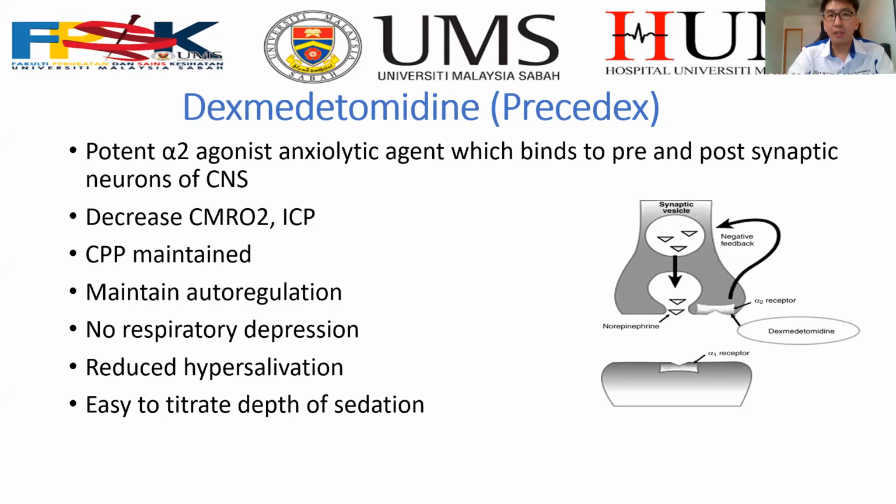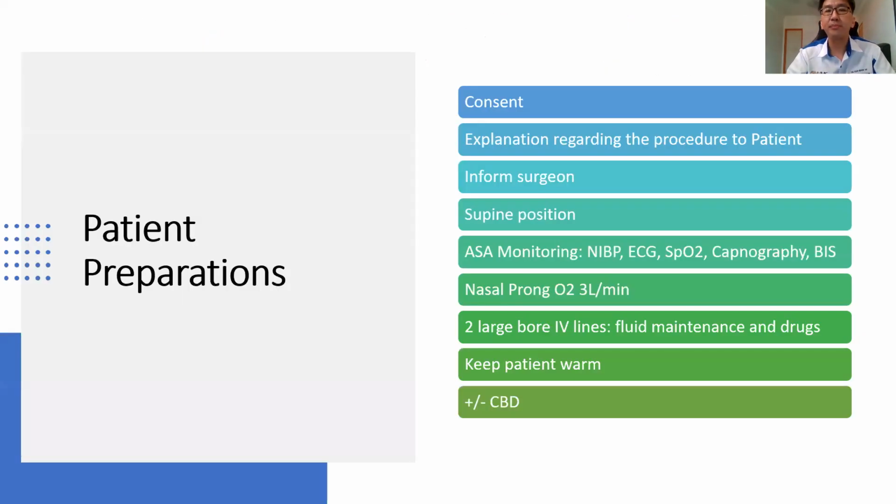Okay, so it is good that there is no respiratory depression for this patient, and this drug will reduce the CMRO2 and ICP with the maintenance of the cerebral perfusion pressure. Okay, so the patient will be awake, will be sedated, but the ventilation is being preserved. Okay, so this is a very good thing about Precedex because it can create an analgesia component as well, right?